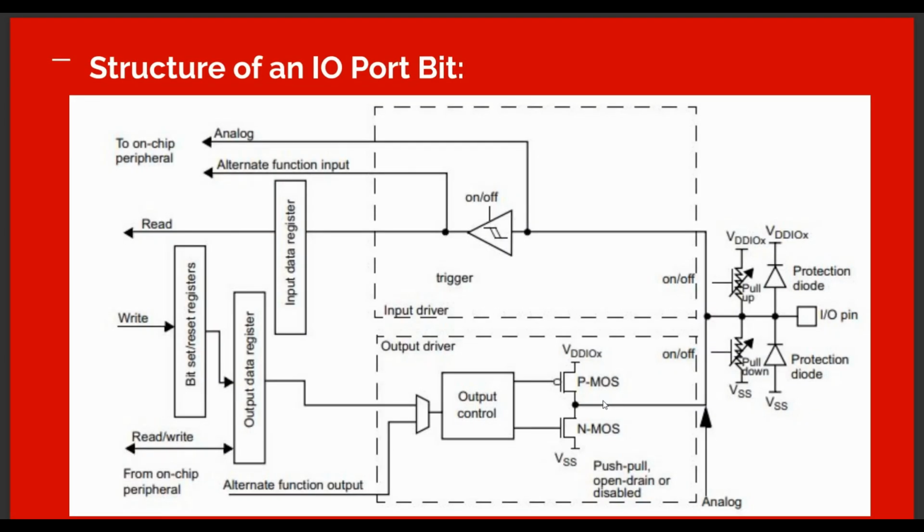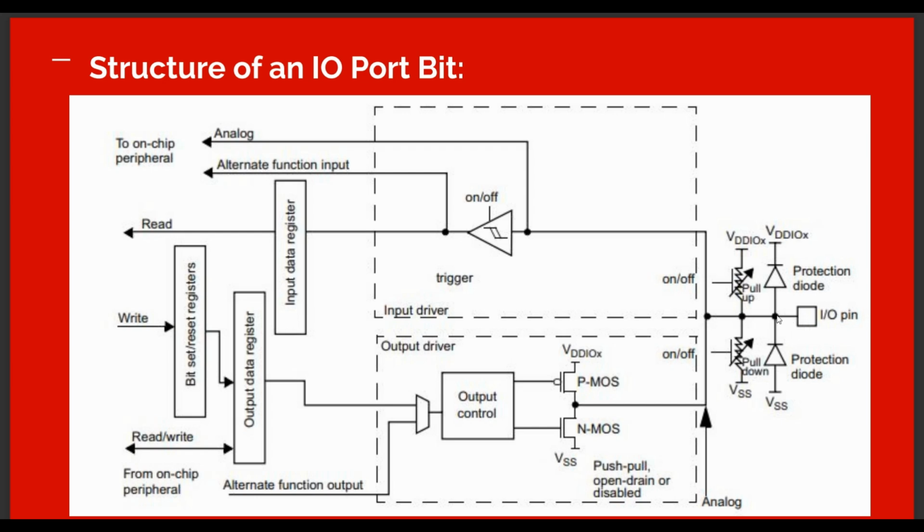Okay, so let's have a glance at the structure of the IO port. As we were talking already, we went through this. From this point, this is the outside, this is the IO pin. Each IO pin has a protection diode here.